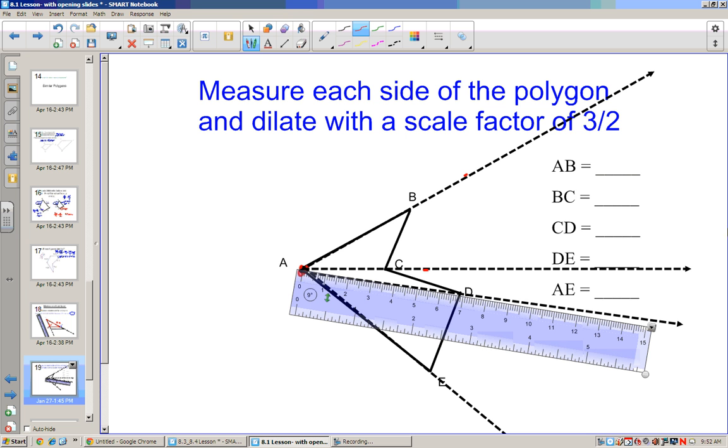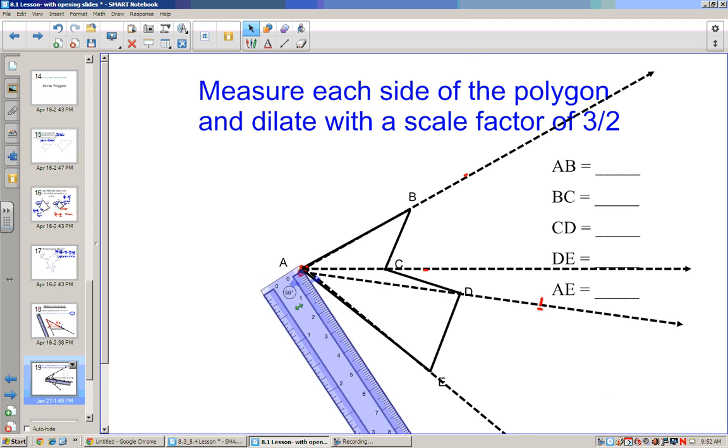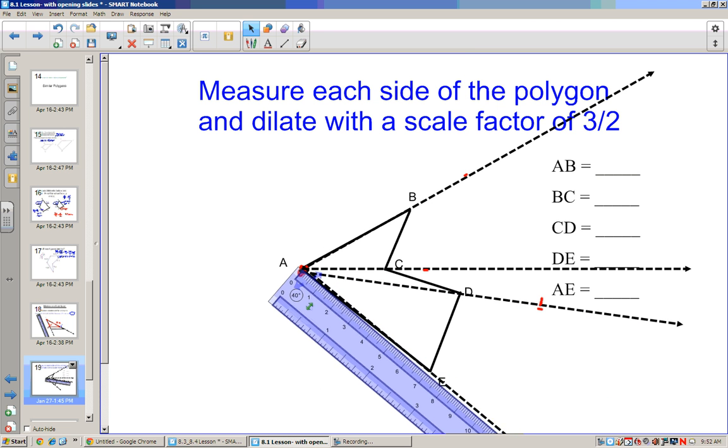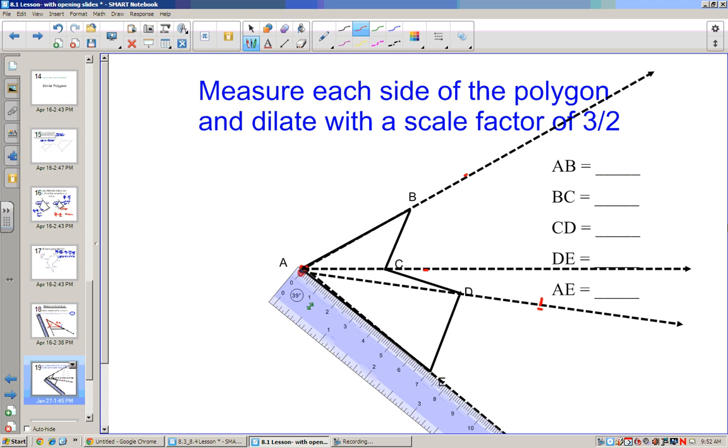That's 10.35. And then my last side is 7, so 7 times 1.5 is 10.5. So I'm going to make a dot down here.